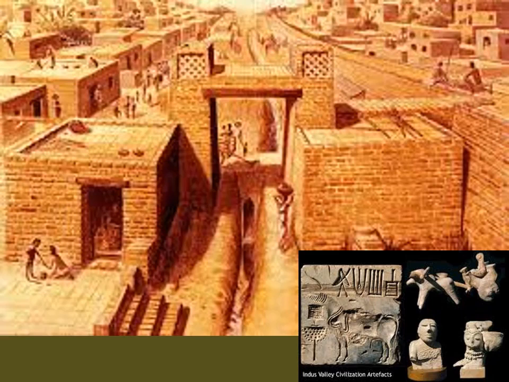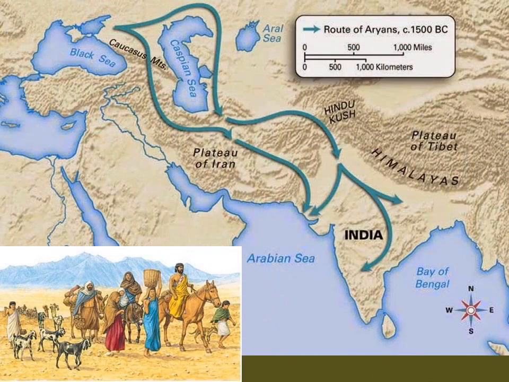Now, roughly from around the period 1800 to 1500 BC, there was probably a natural disaster, perhaps an earthquake, perhaps droughts or other kinds of natural disasters. And then it was also during this period that we have the migrations of people from the northwest. These people who migrated from the northwest are known as the Aryans.